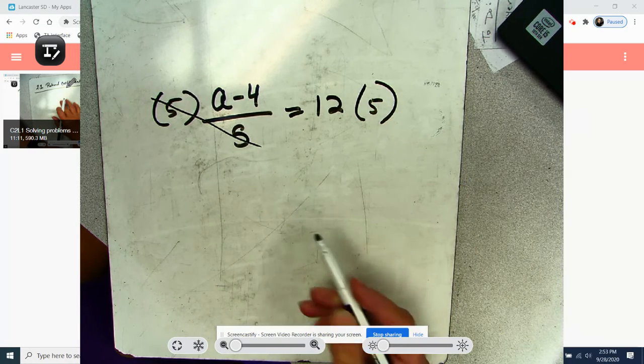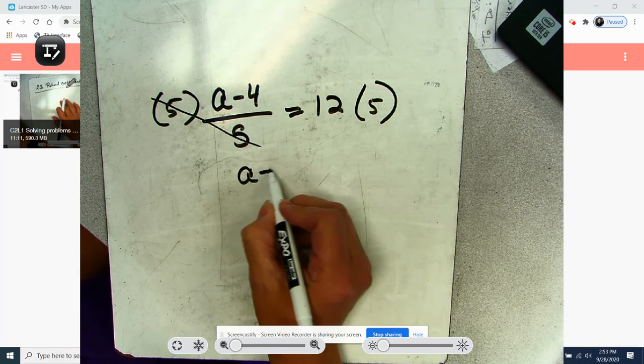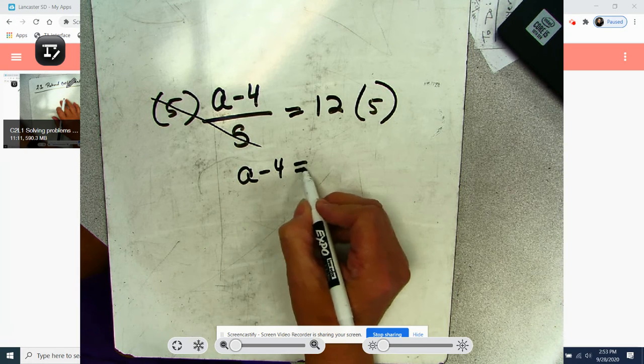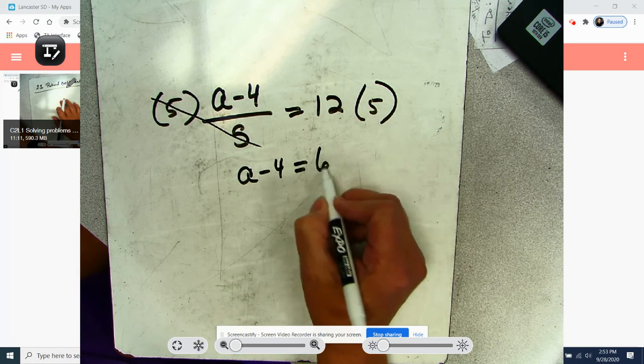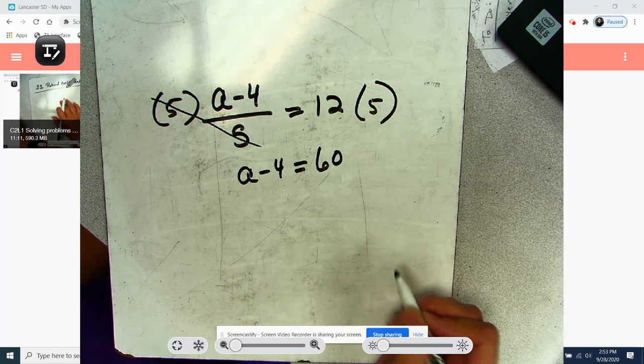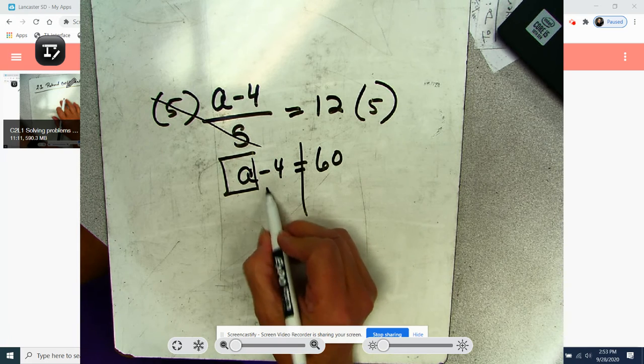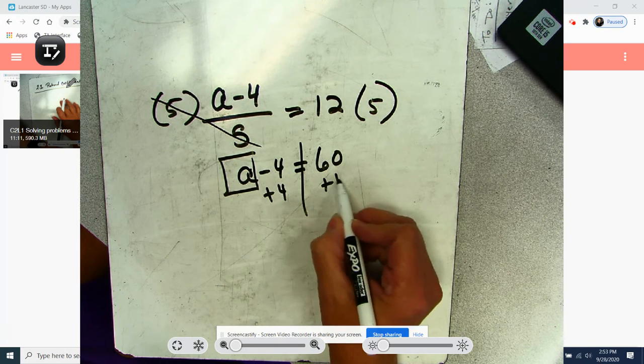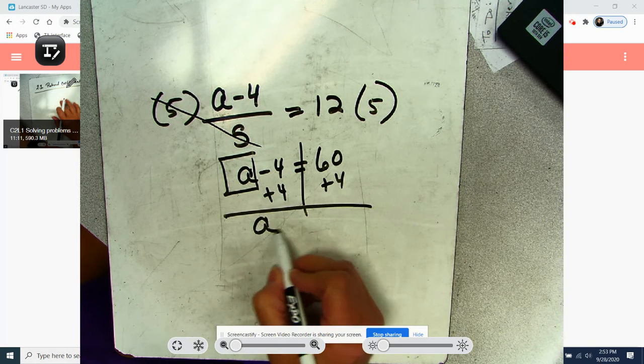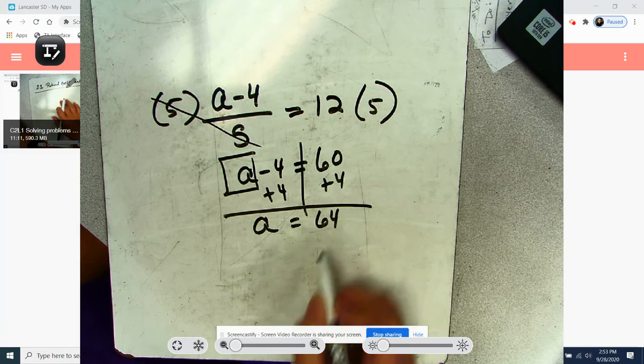These are going to cancel, and I'll be left with a minus 4. 12 times 5 is 60. I'm going to solve for a by adding 4, or putting a positive 4 on both sides, and a equals 64.